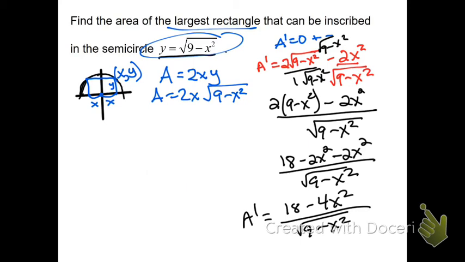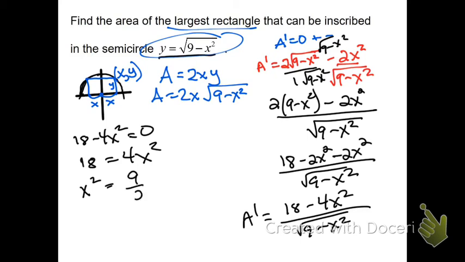Okay, so find your critical point. Set the numerator equal to 0, and you get 18 minus 4x squared equals 0. Divide by 4. That was an 18, that's messy. And we'd get 9 over 2.